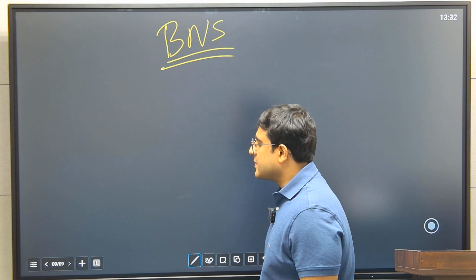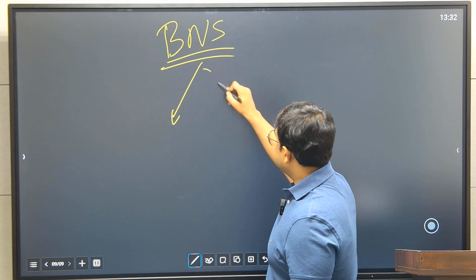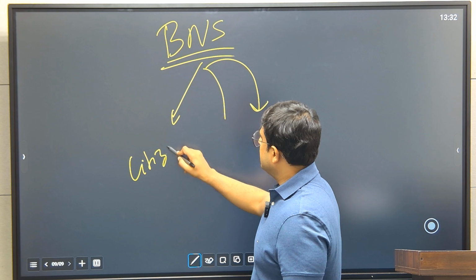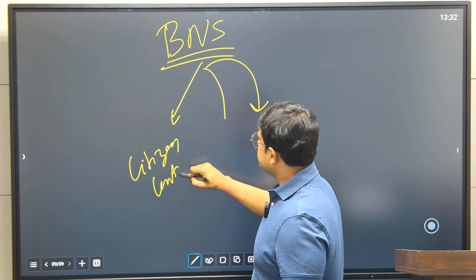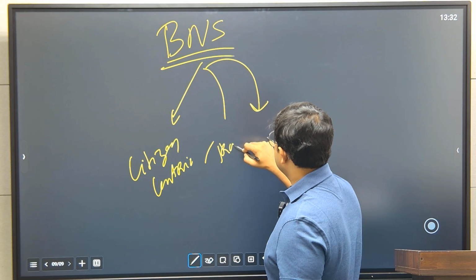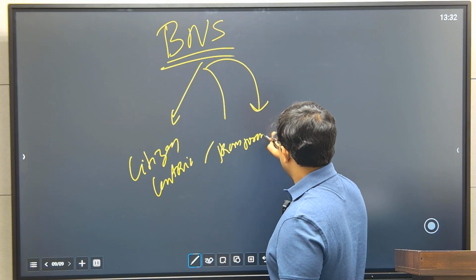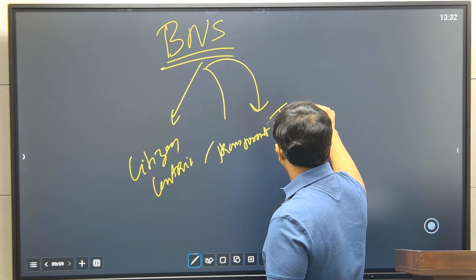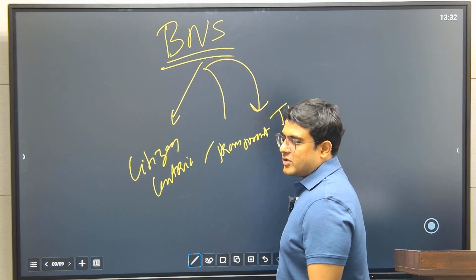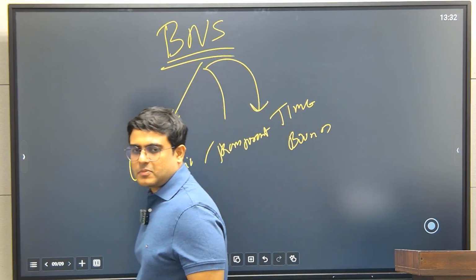BNS transformed the criminal justice system, made it more citizen-centric, transparent, and time-bound. This is what Home Minister Amit Shah said about BNS.